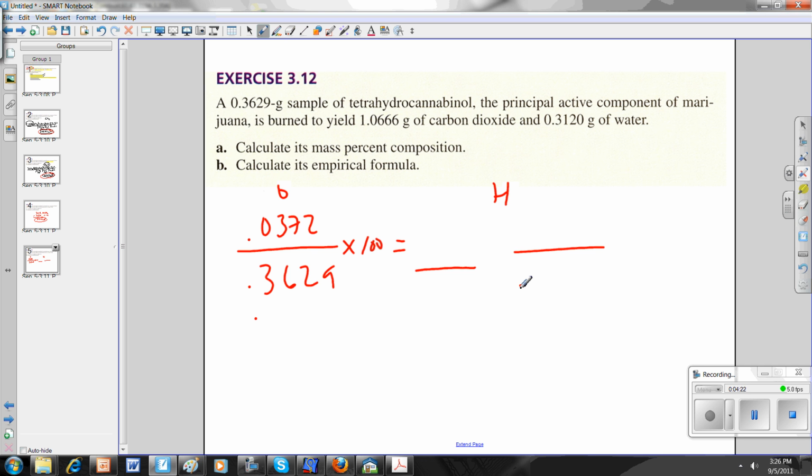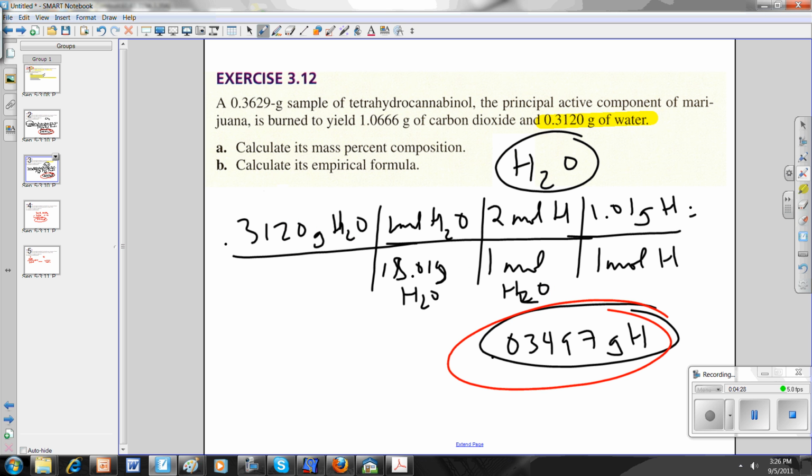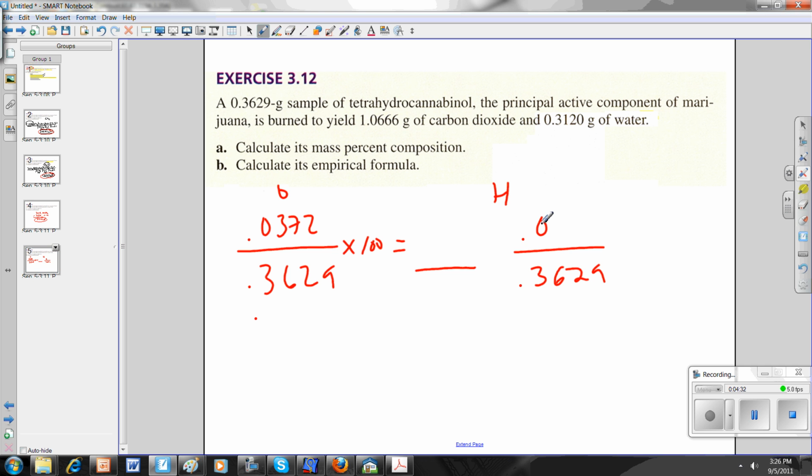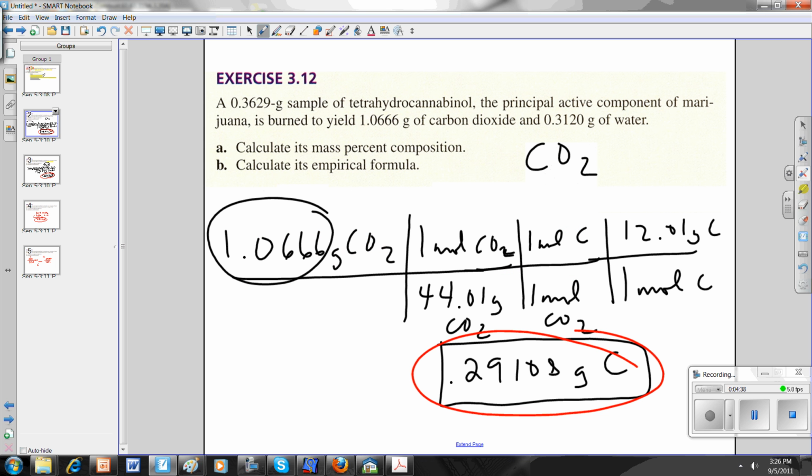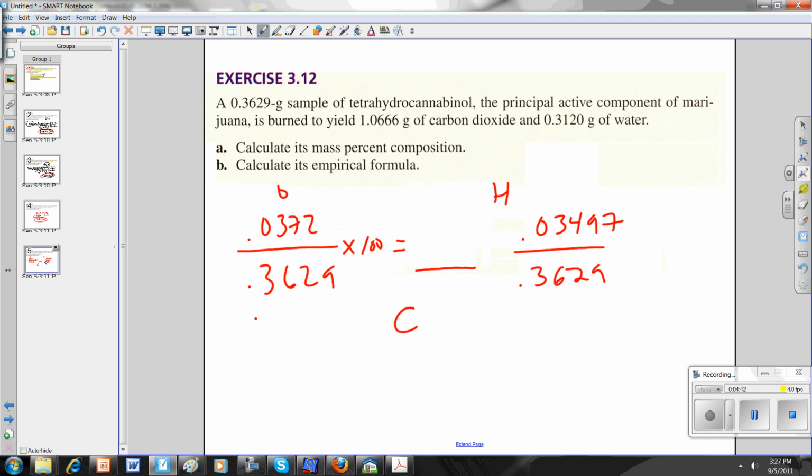Take the total sample size, 0.3629. How much hydrogen do I have? 0.03497. Finally, my carbon, the value I had was 0.29108. So I'm going to go 0.29.